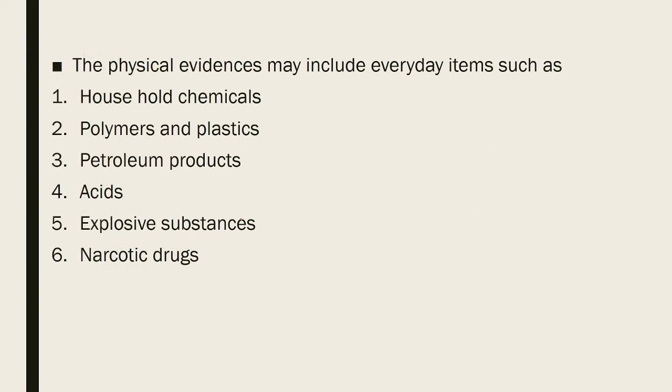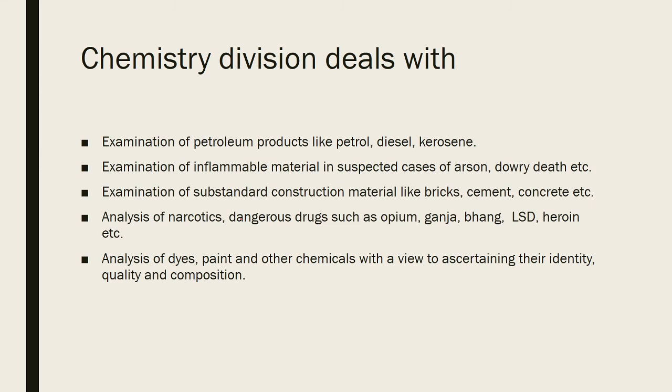The physical evidence in the chemistry division may include everyday items such as household chemicals, polymers and plastics, petroleum products, acids, explosive substances, narcotic drugs, etc. The chemistry division deals with the examination of petroleum products like petrol, diesel, kerosene.